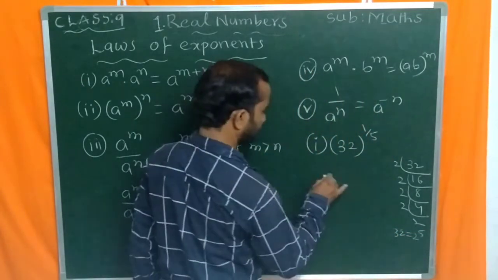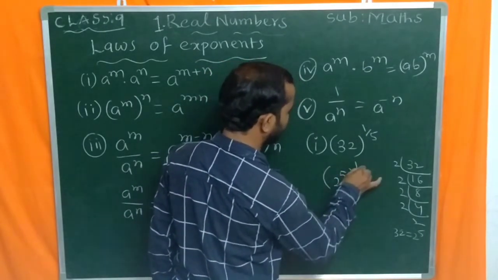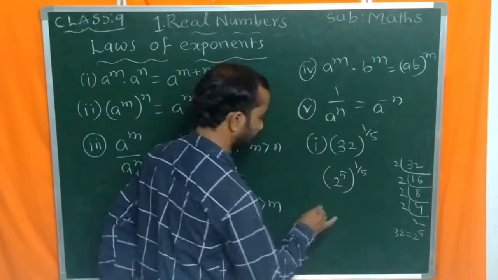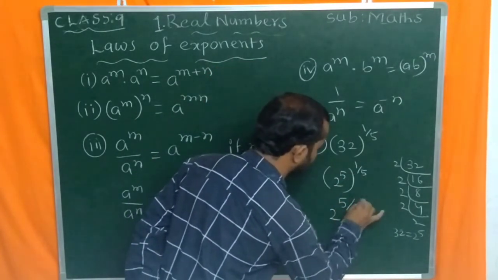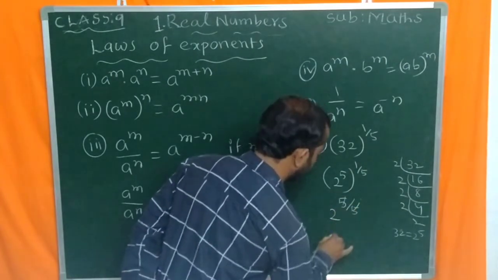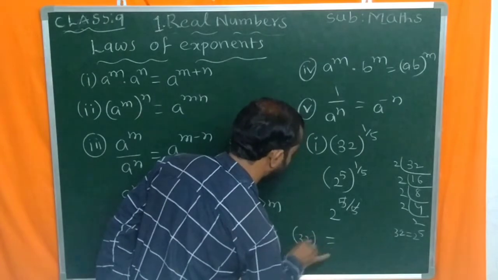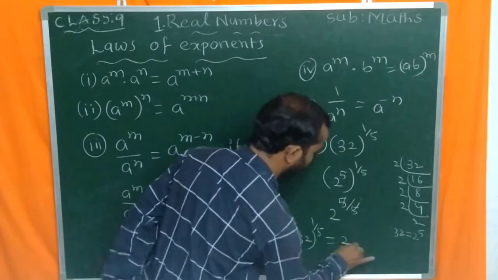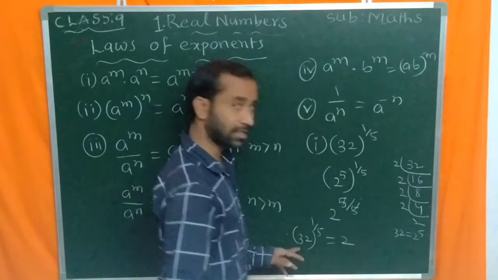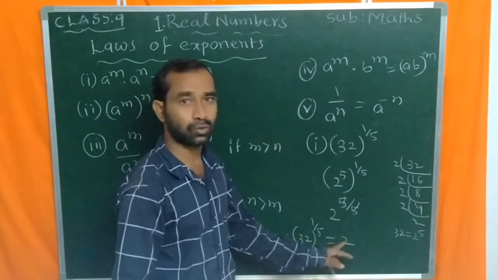Then 2 to the power of 5 whole to the power of 1 by 5. The 5s get cancelled. Therefore 32 to the power of 1 by 5 equals 2.